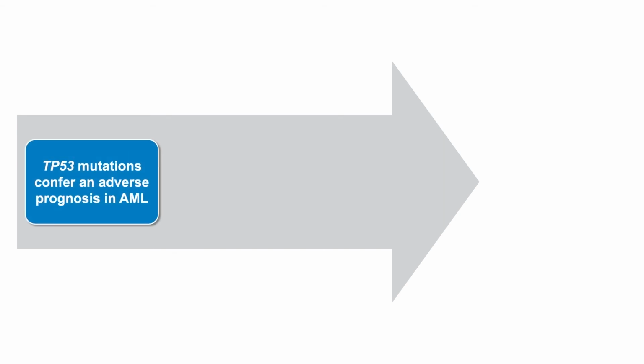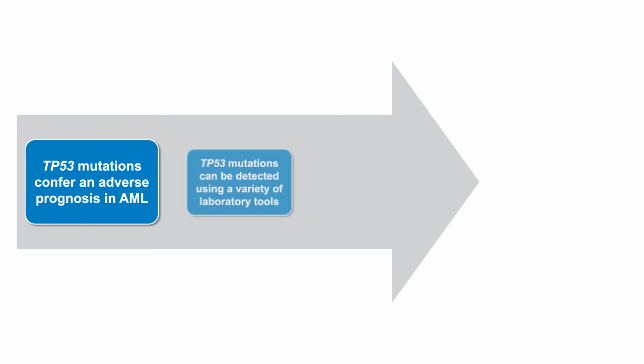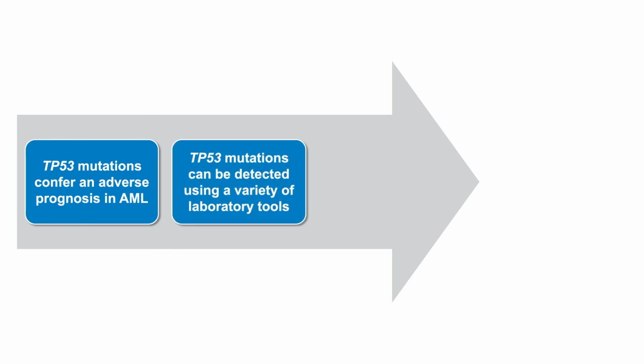The take-home messages are that P53 mutations confer an adverse prognosis in AML. These mutations, though, can be detected using a variety of laboratory tools that includes mutation-level detection tools, as well as P53 gene locus level tools, such as FISH and array-CGH, in addition to immunohistochemistry, which provides a powerful, quick tool for screening for mutations in P53.